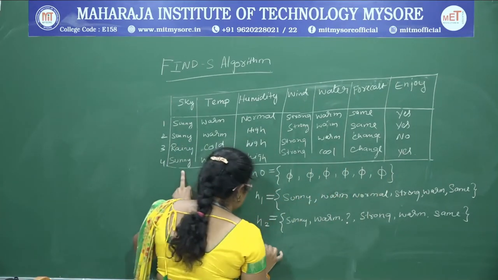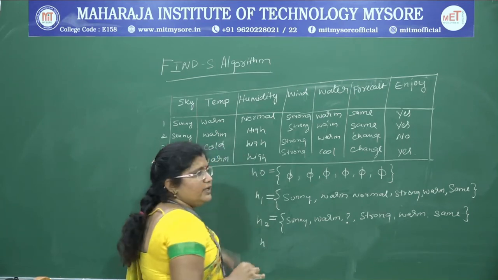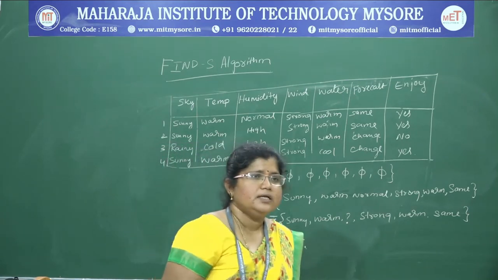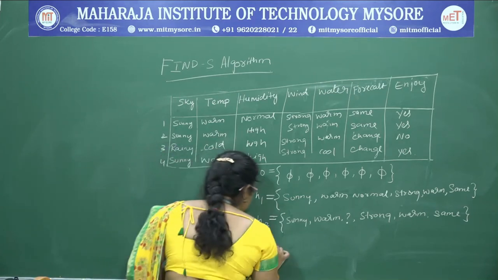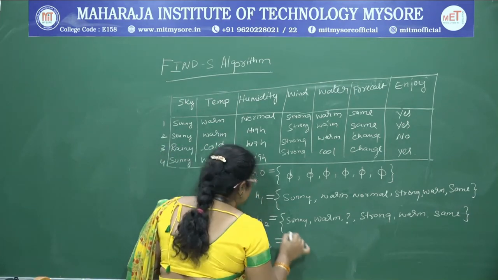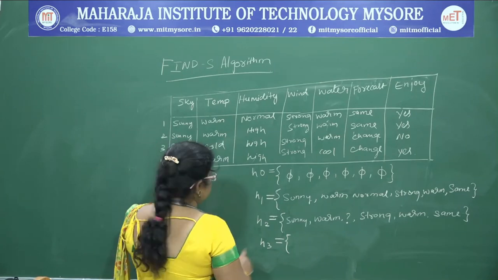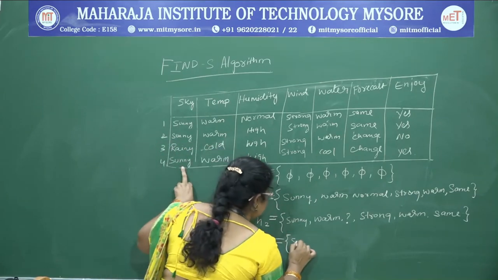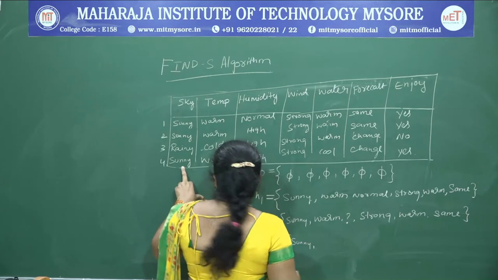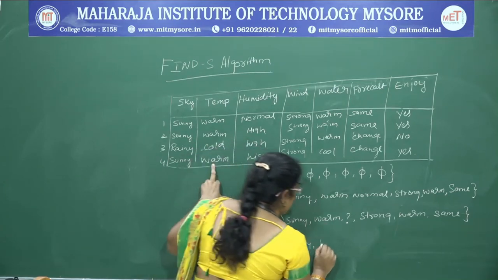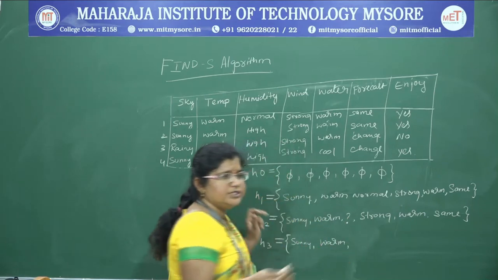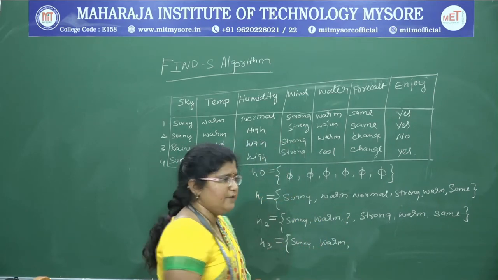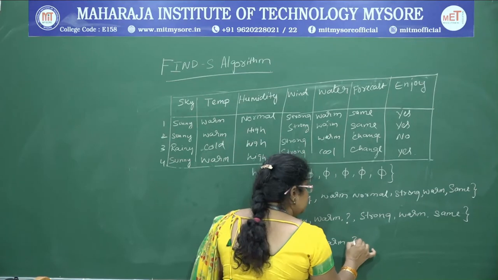Now it starts to compare and generate a new maximally specific hypothesis, that is H3. Sunny will be retained as it is. Next warm will be retained as it is. And the question mark, anyhow, is the acceptance of any value, so it remains as it is.